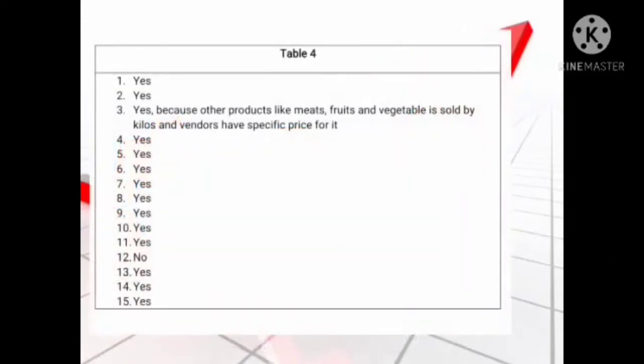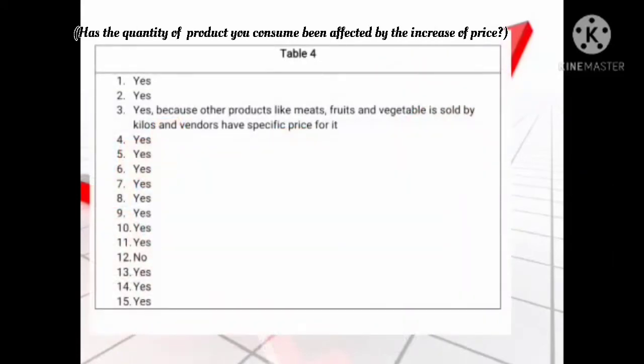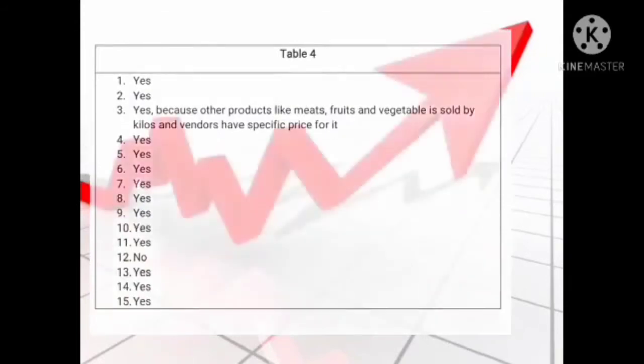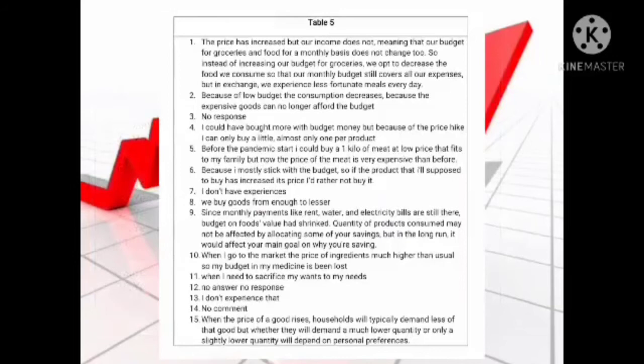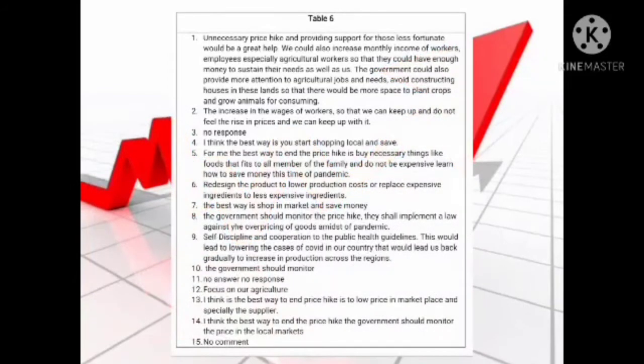Table number 4. The question is, has the quantity of the products you consume been affected by the increase of price? Table 5 is all about effects of the price hike to the quantity of products consumed. Table number 6 is all about best ways to end price hike according to the residents.